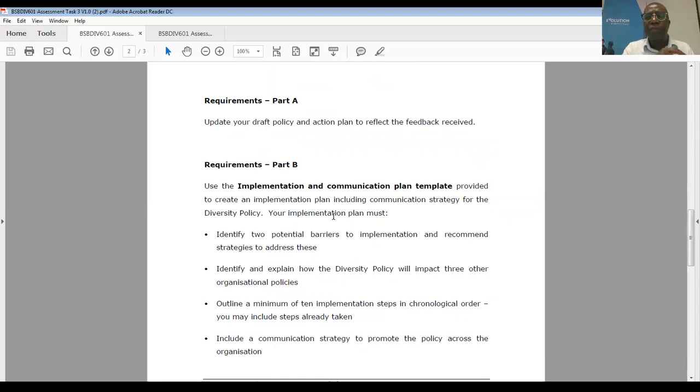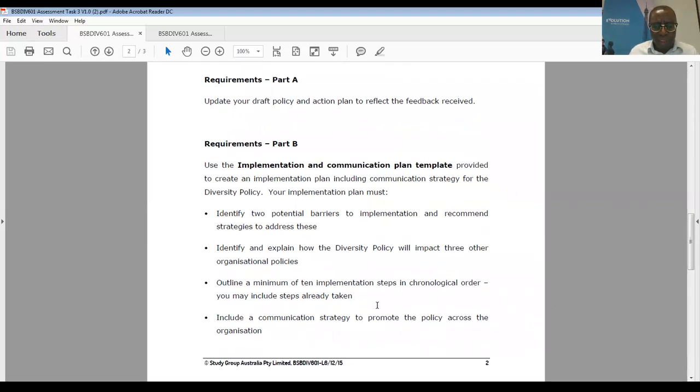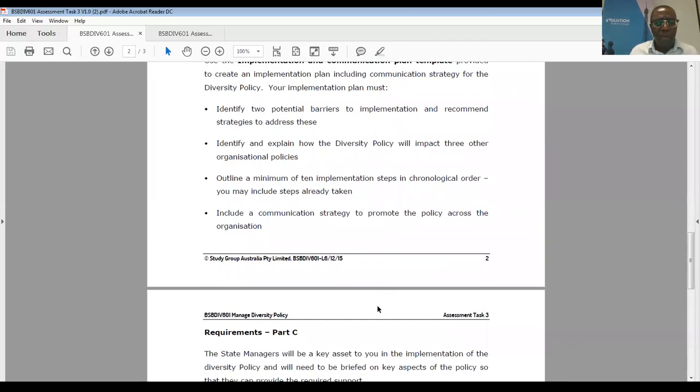Then identify and explain how the diversity policy will impact 3 other organizational policies. Outline a minimum of 10 implementation steps in chronological order. You may include steps already taken. Include a communication strategy to promote the policy in the organization.